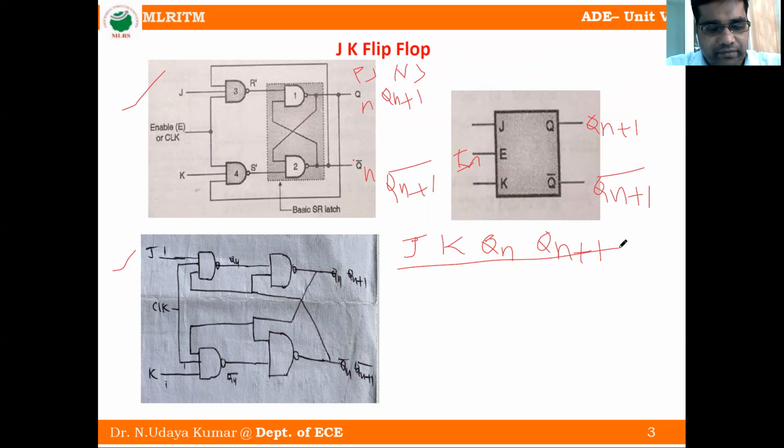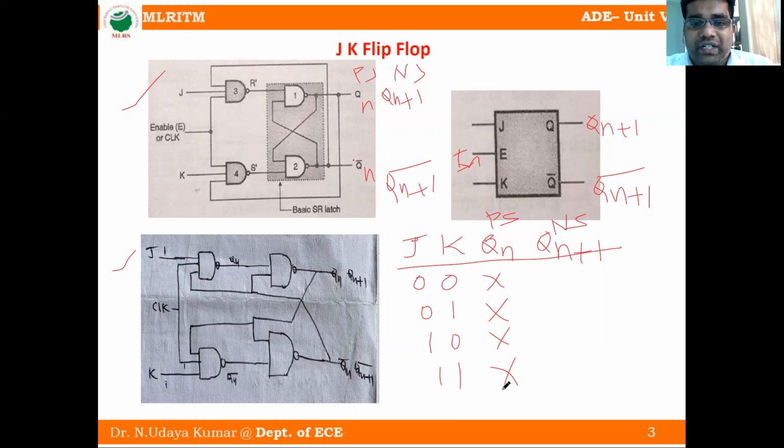With two inputs J and K there are 4 combinations: 0 0, 0 1, 1 0 and 1 1. What is the present state? We don't know the present state, so we consider it as don't care, which we denote by a cross.